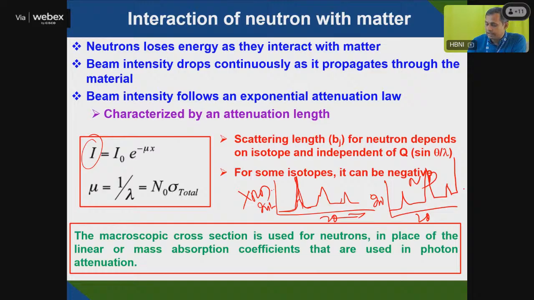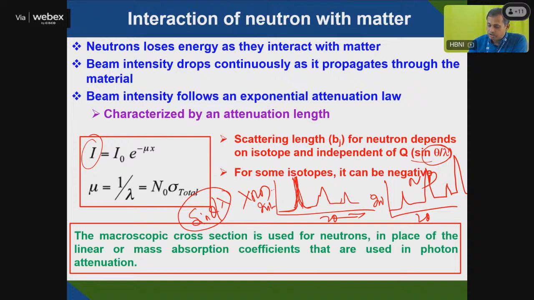They don't follow the 2 theta value; the intensity doesn't linearly decrease like X-ray, because in X-ray it's electron dependent. That depends on sine theta by lambda, the wavelength. I will discuss a little later how in X-ray diffraction the scattering factor depends on sine theta by lambda, the electron scattering.